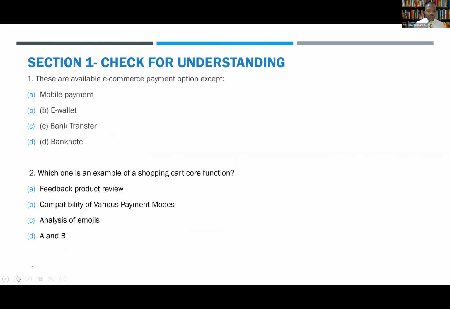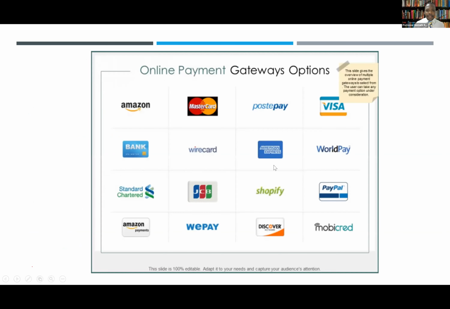So we've spoken a lot about payment gateway. These are some examples of payment gateway. And there's so many more. This is not all of it. We definitely know Alipay is there.